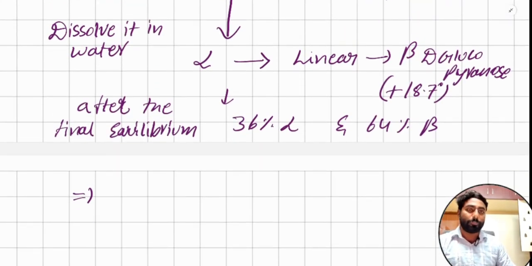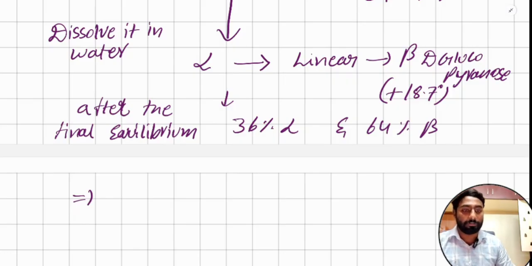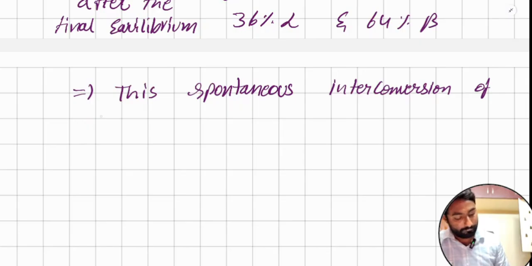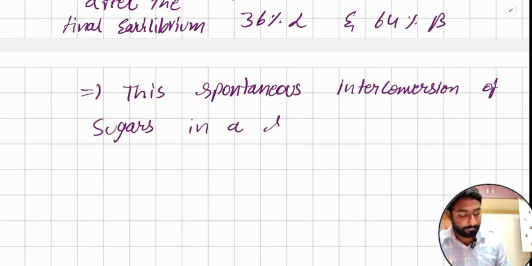So this spontaneous conversion of alpha into beta form is called mutarotation. Okay. In a solution, this spontaneous interconversion of sugars is known as mutarotation.